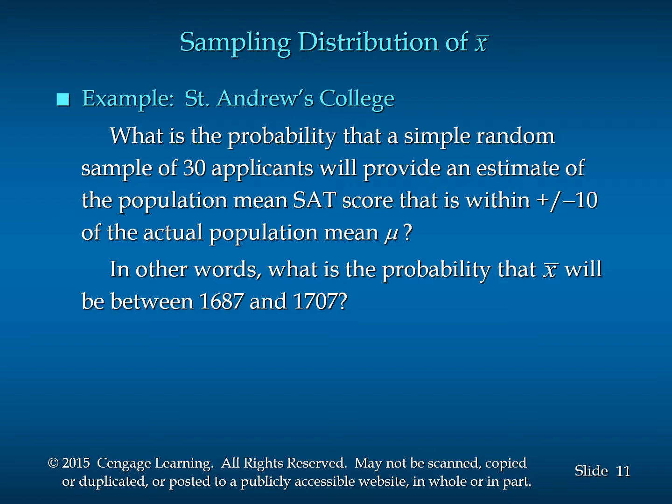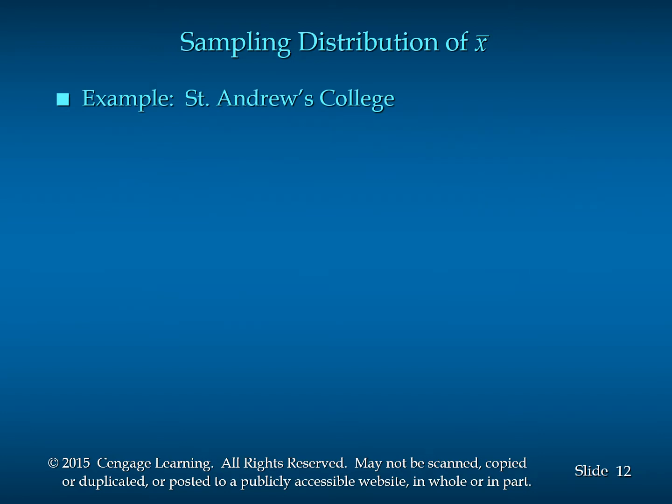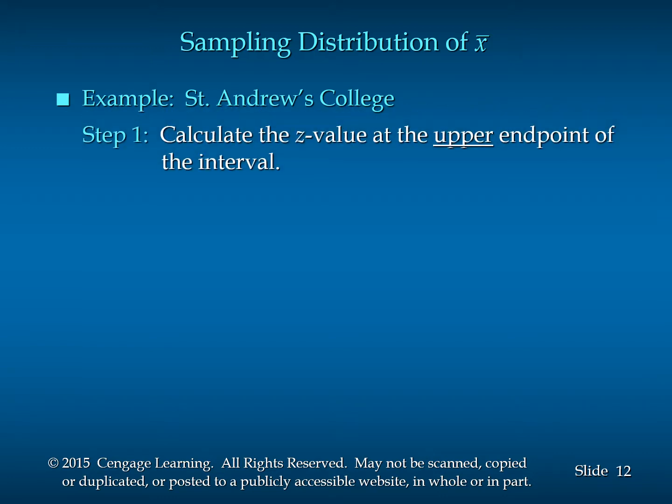In other words, between 1687 and 1707. We can represent those two x values, 1687 and 1707, using their corresponding z values and determine the probability in that interval.